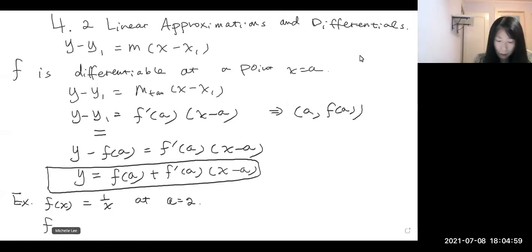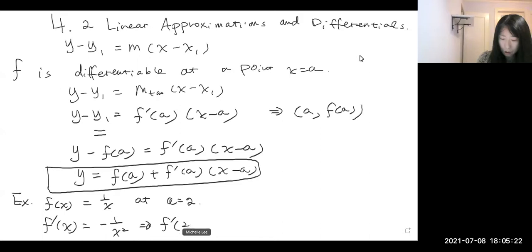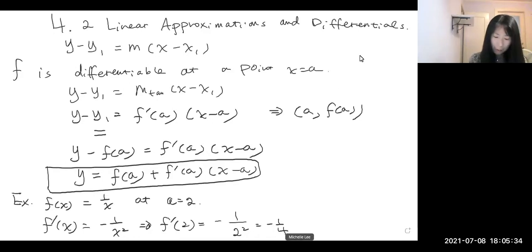Then how will you get f prime of x? f prime of x? Negative 1 over x squared. Excellent. Then if we put in a, which is 2, what do you get? Negative 1/4. Good, right? Then look, what's f of a? f of 2, which is 1 over 2, right?